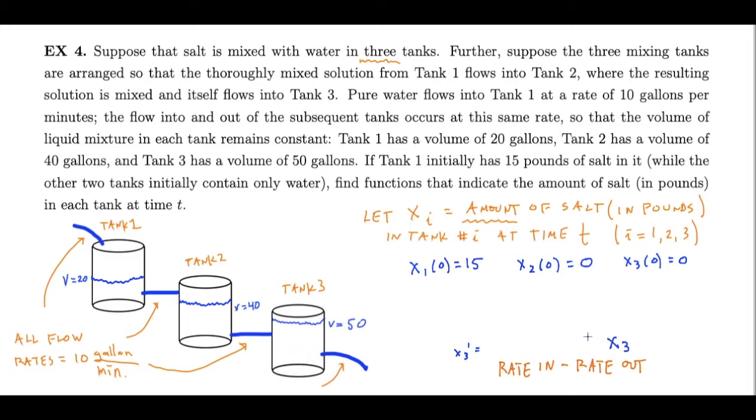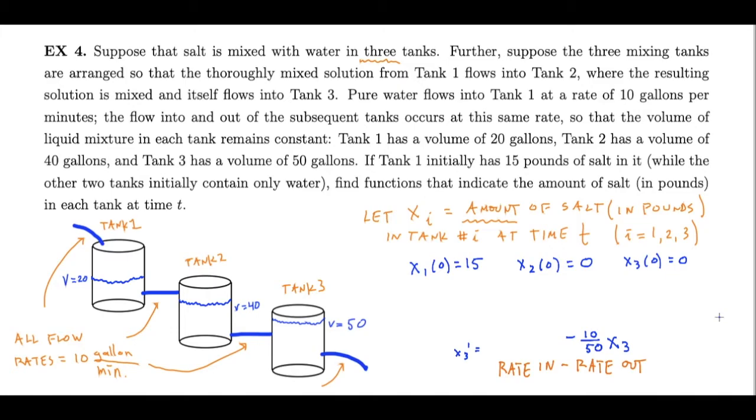So we know that the liquid is leaving at a rate of 10 gallons per minute out of the 50 gallons that exist in the tank. So this fraction accounts for the proportion of salt that's leaving this tank. So we'll multiply that fraction by the amount of salt that's in the tank at any given moment, and that should indicate the rate at which salt is leaving the tank.